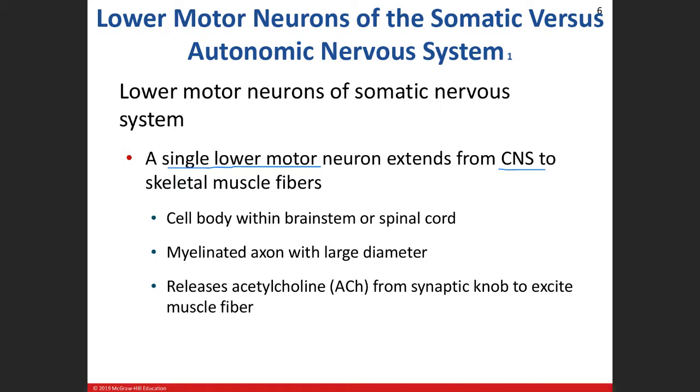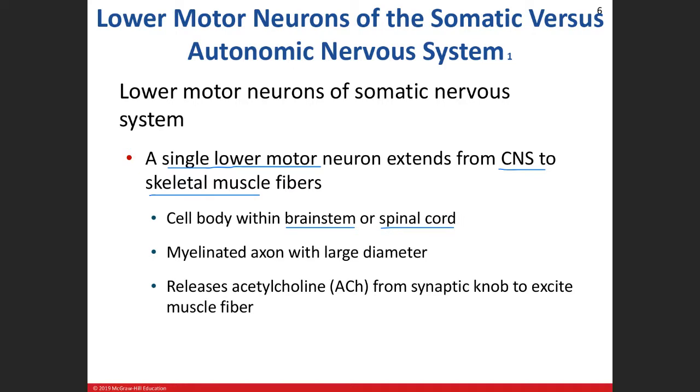It extends out to the effector, and the only effector tissue for somatic motor neurons is skeletal muscle. If you don't know that by now, please learn it tonight, because you need to know that. The cell body of the lower motor neuron will be found in the brainstem if we're talking about cranial nerves. If we're talking about spinal nerves, it'll be found in the spinal cord.